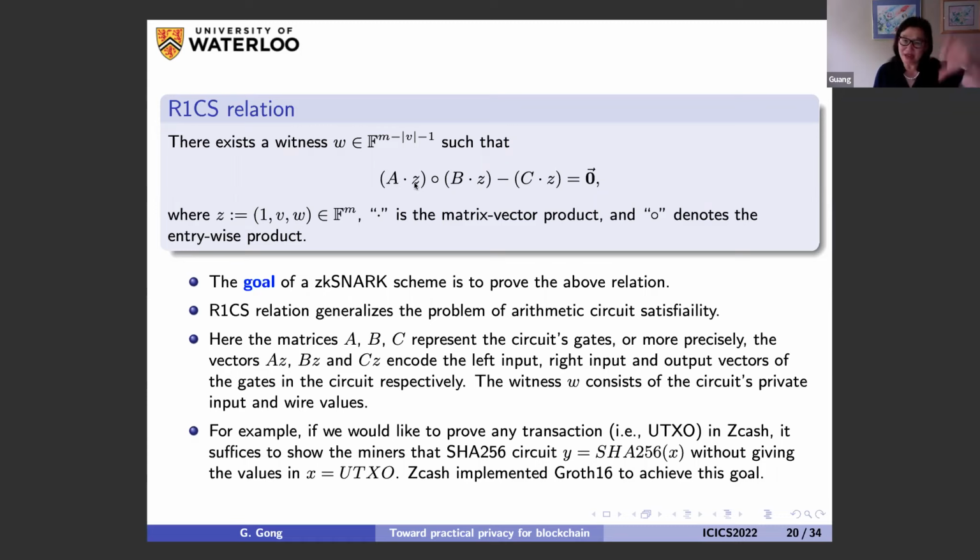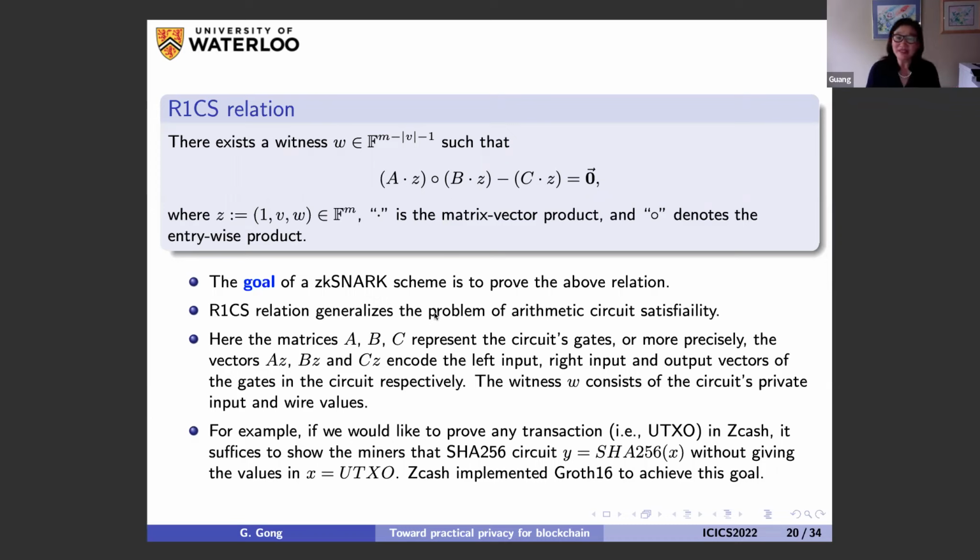And this is your right input vector, and this is your output vector. Of course this is a bitwise product. Then you get this zero vector, because the output equals the left input multiplied by the right input. That's why here we only consider the multiplication gate.